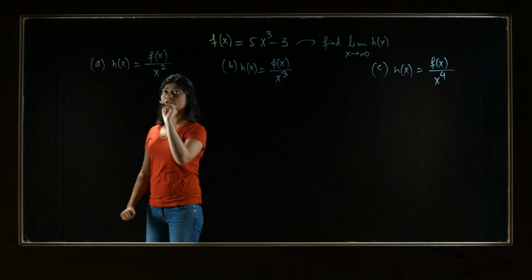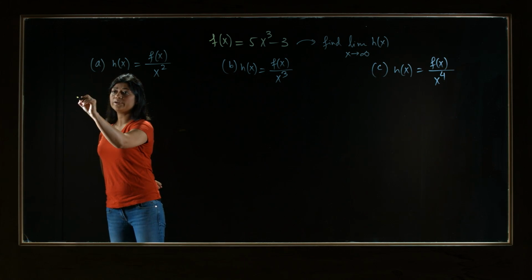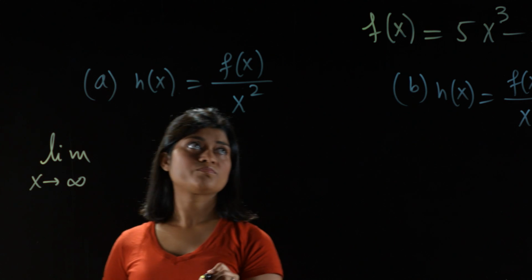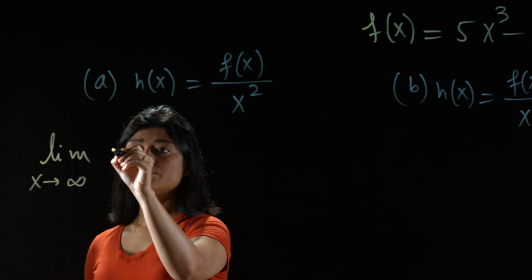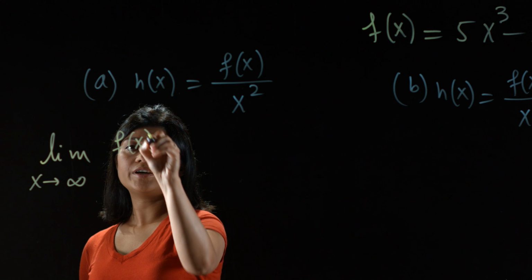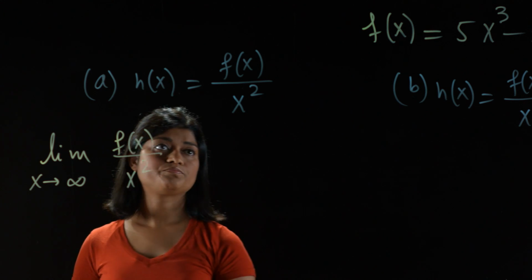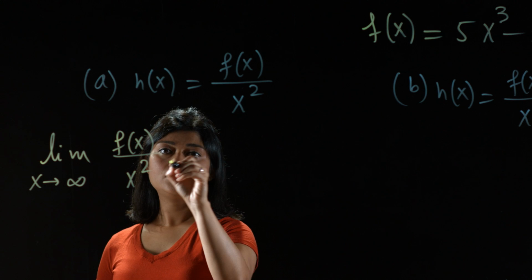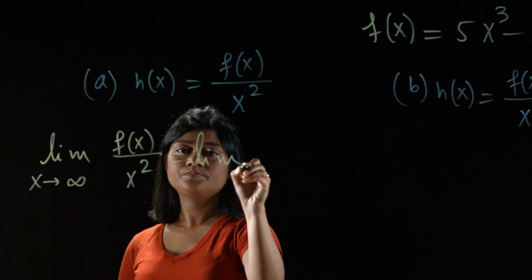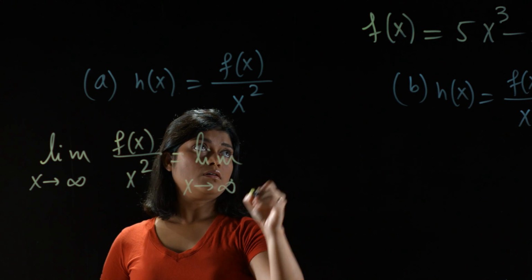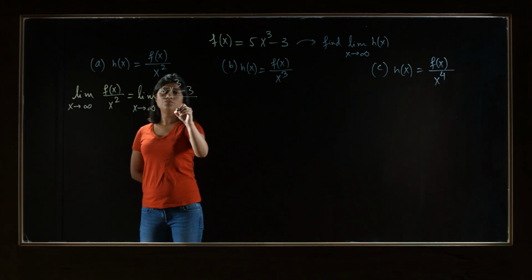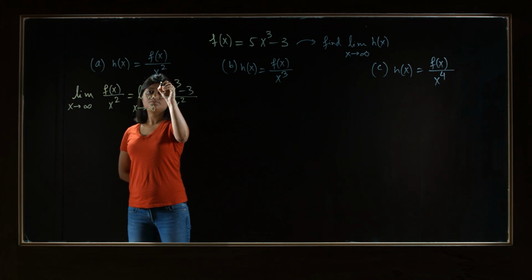So let's start with the first one. We have to evaluate the limit as x approaches infinity of h of x, so of f of x over x squared. And write down the expression for f of x first. So this is the limit of 5x cubed minus 3 over x squared.